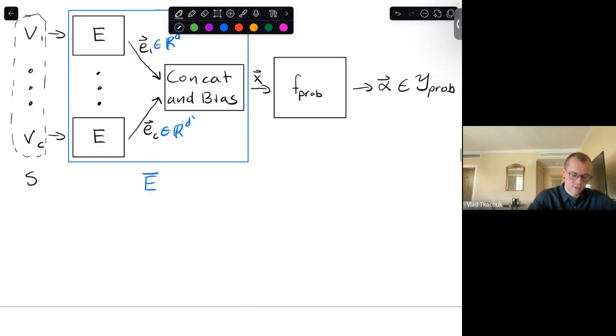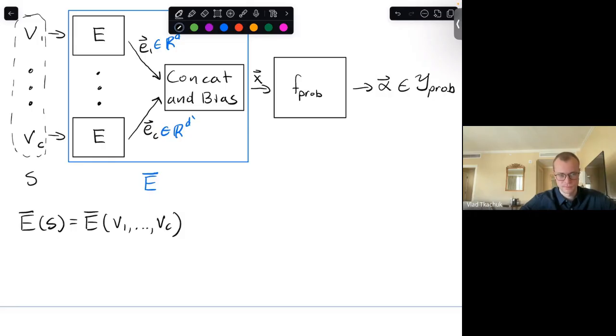And the way it works is that this E bar is going to take as input some sequence, which I guess will look something like V1 up to VC, right? And it will map it through the corresponding embedding functions and concatenate them.